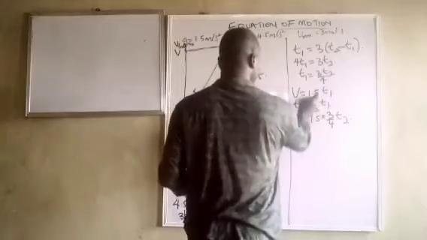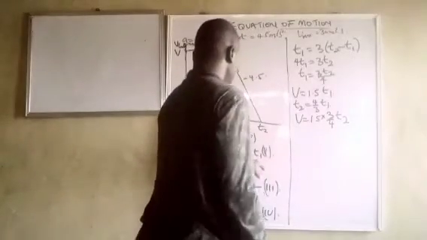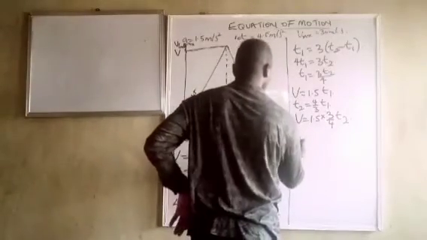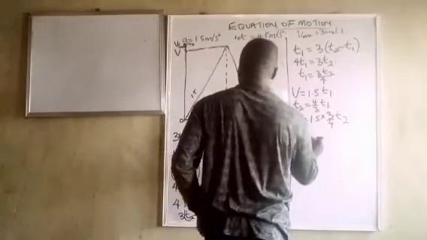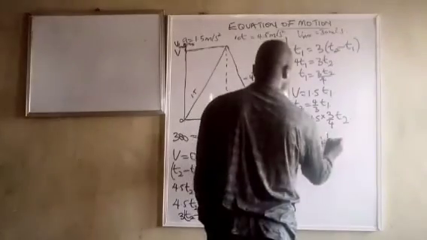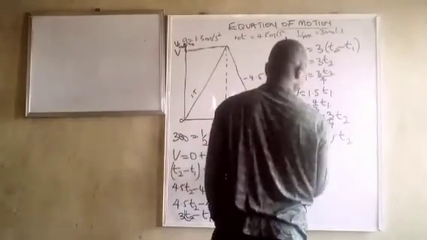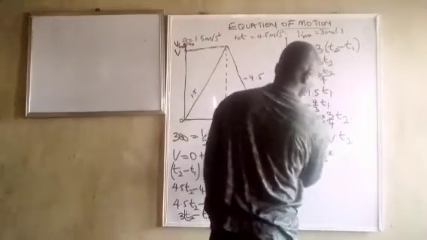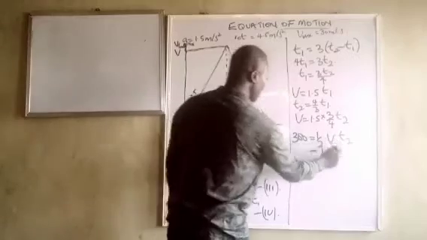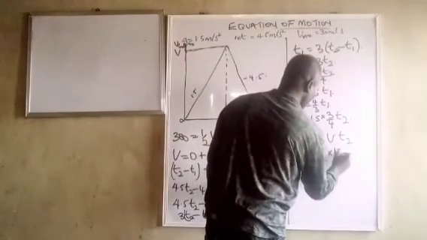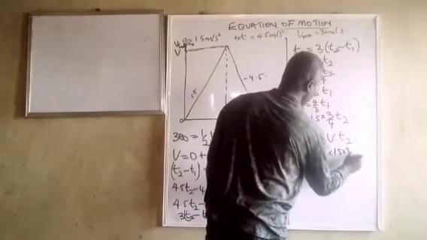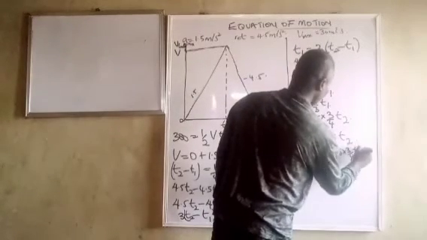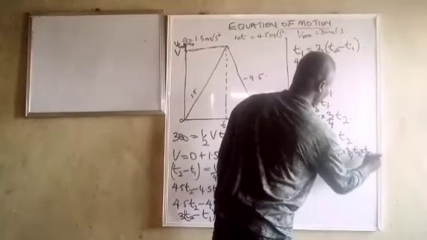When you substitute this in this place, we have, therefore, 300 is equal to half V T2, which is equal to half times, we bring this one inside this place, 1.5 times 3 over 4 T2 times T2.